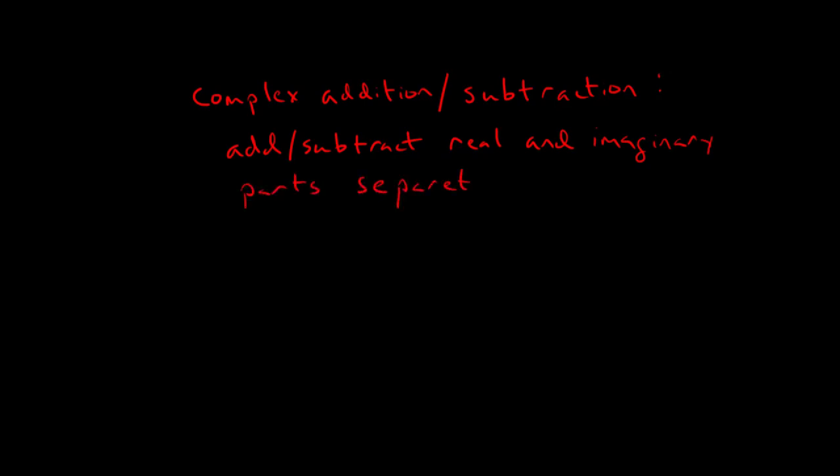So I'll do an example again to show what that means, how we do that. Say, for example, we have the complex number 5 plus 2 times i, and I want to add to that complex number another complex number, 3 minus 4 times i. I add and subtract the real and imaginary parts separately.